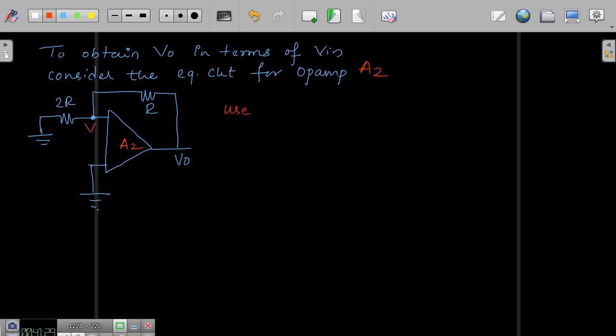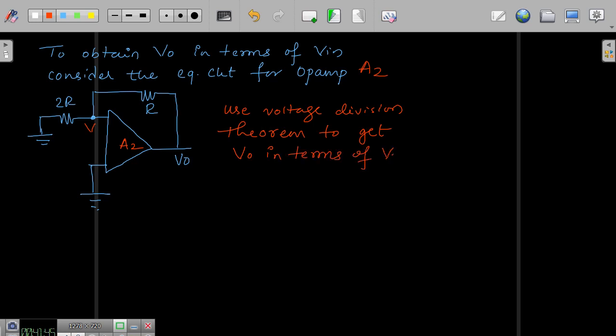Use voltage division theorem to get V0 in terms of V. Quickly, somebody.